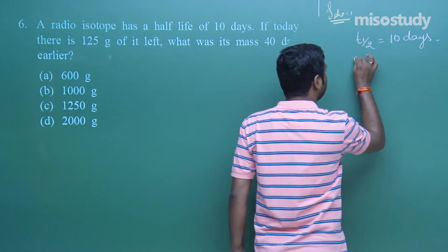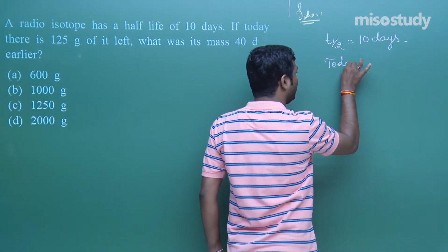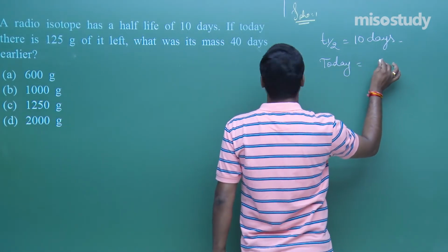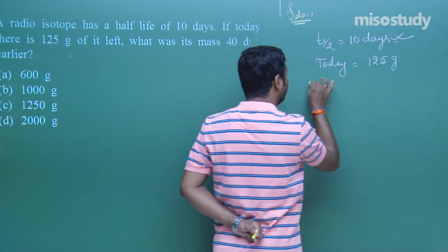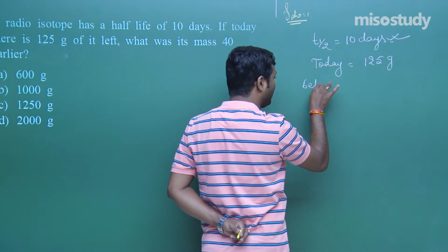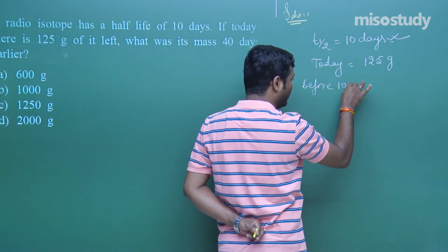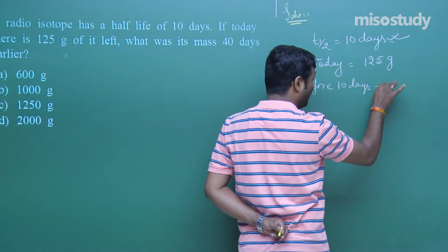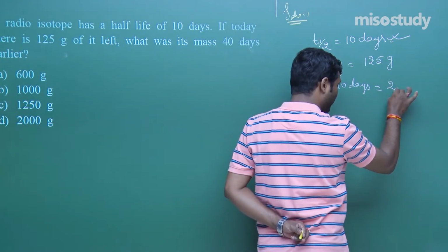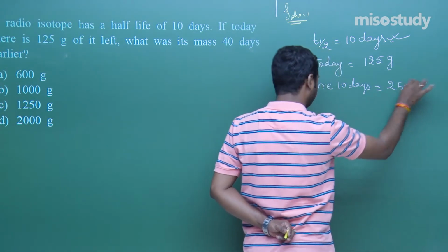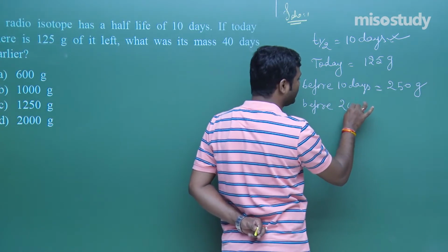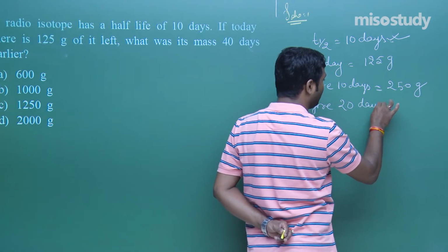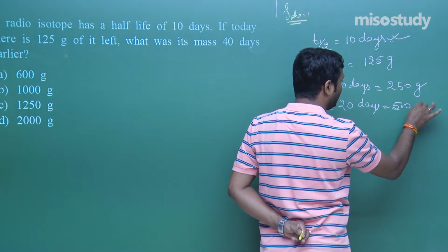Listen carefully, this is a slightly tricky question. Today 125 gram, half-life is 10 days. So before 10 days, what will happen? Just double, because half-life is 10 days. So 250 gram. Then before 20 days, it will be 500 gram.